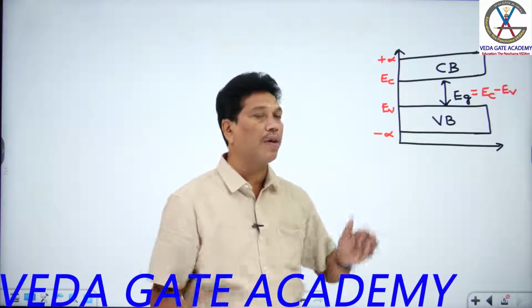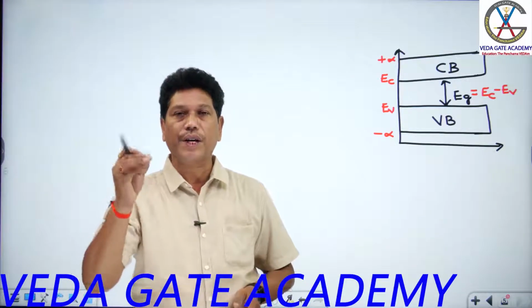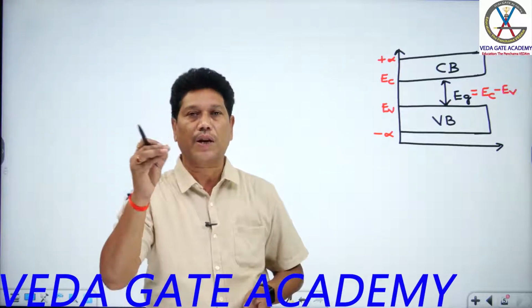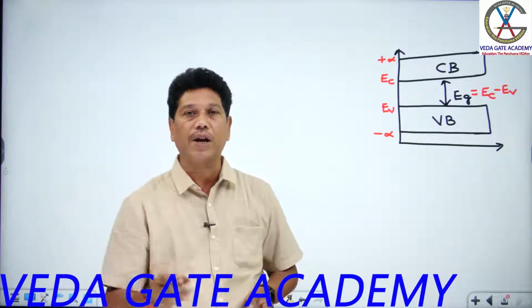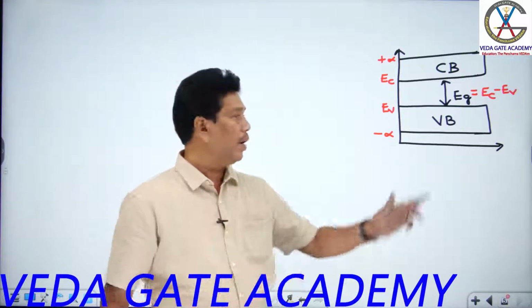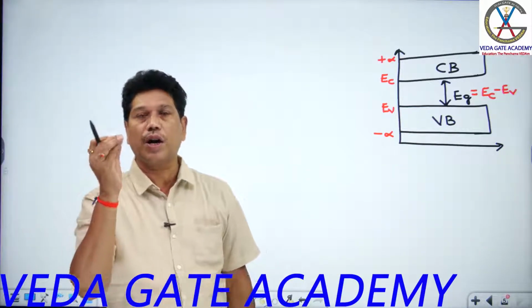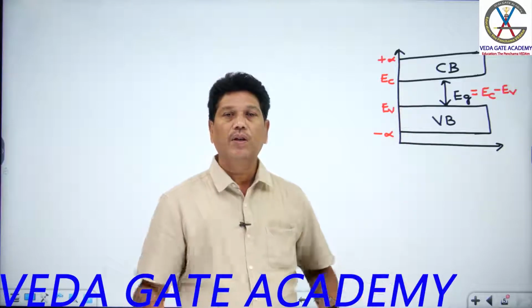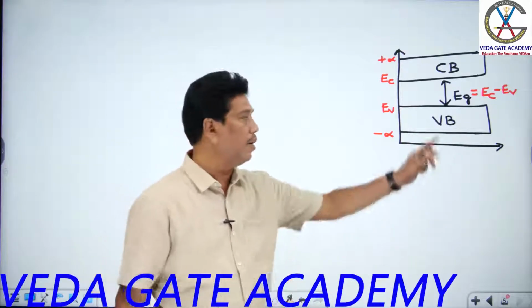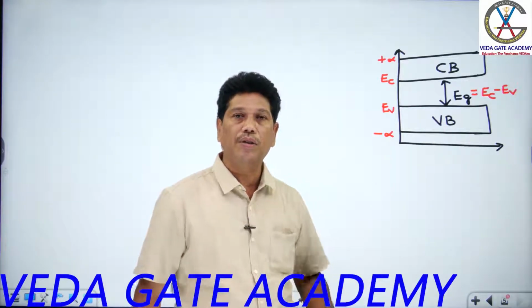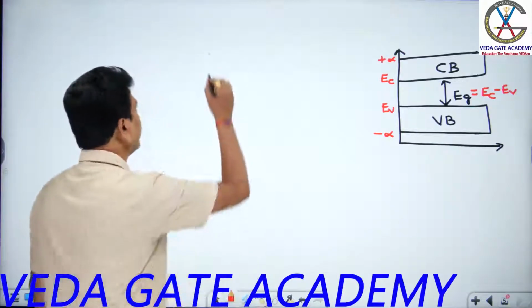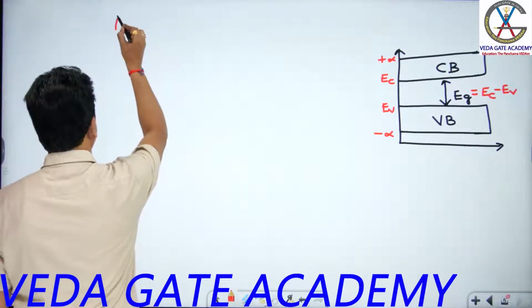So simply, it is the range of energy considered by valence electrons which are not free. It is the energy range related to bound electrons. As long as the electron is in the valency band, it is not free. That is called the valency band. So first of that one I told you, students.